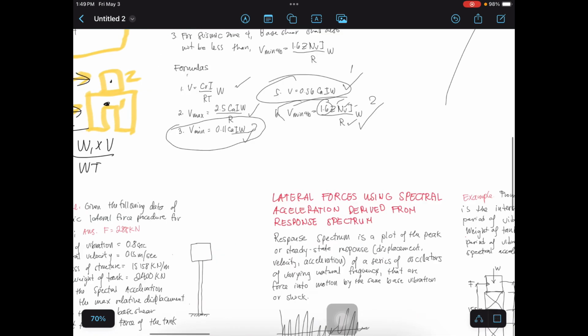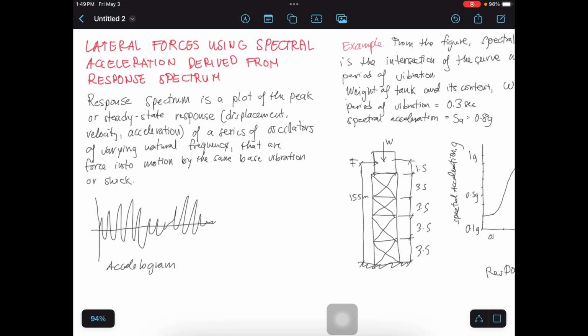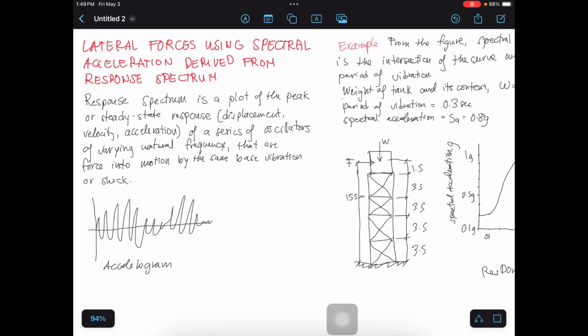So, sa next topic na tayo, which is dynamic analysis. So, pagkuha ng base shear or lateral forces using spectral acceleration derived from the response spectrum. So, this is dynamic analysis na.